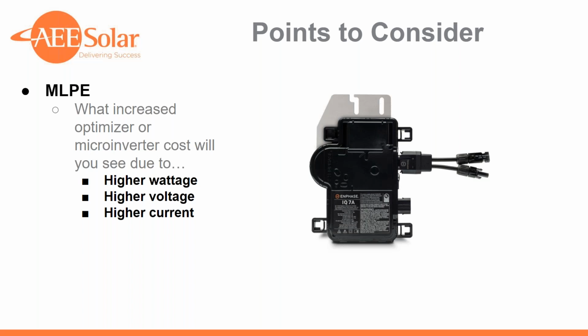And these modules are increasing in efficiency through a combination of new technology and old physics, let's call it. Some of them are getting higher wattage in an equal proportion of voltage and current, and some of these modules are seeing higher wattage just based on higher current alone, which will have impacts on which equipment you're required to use. So let's dig into that a little more.